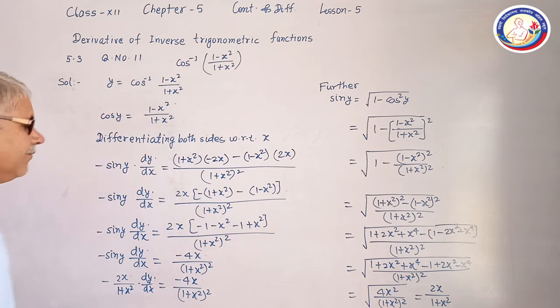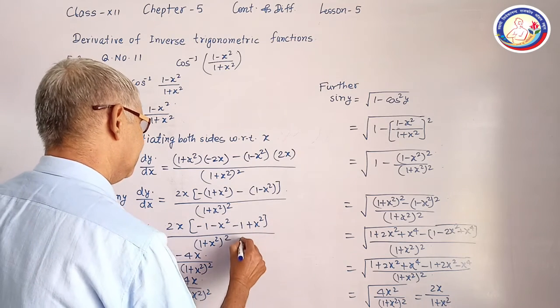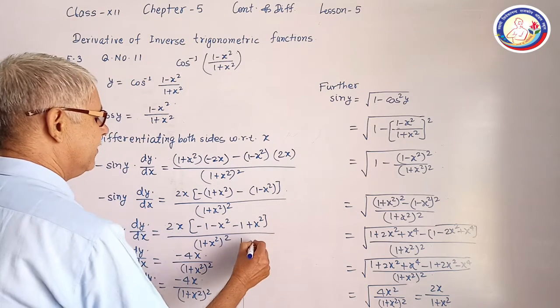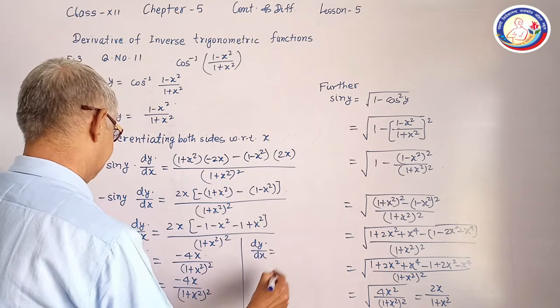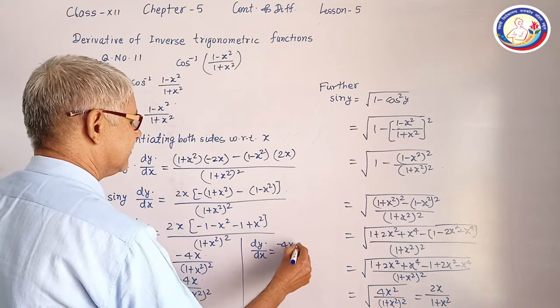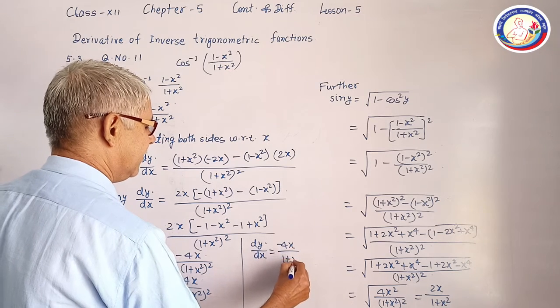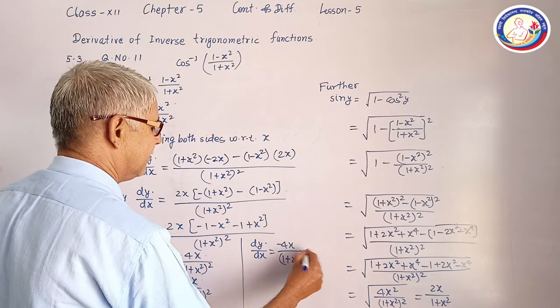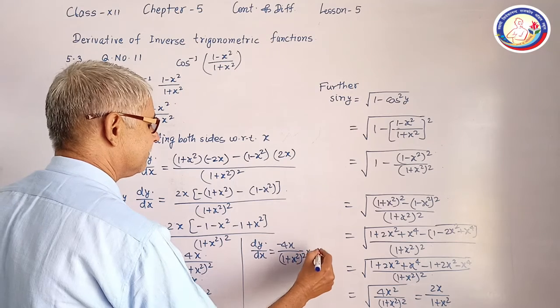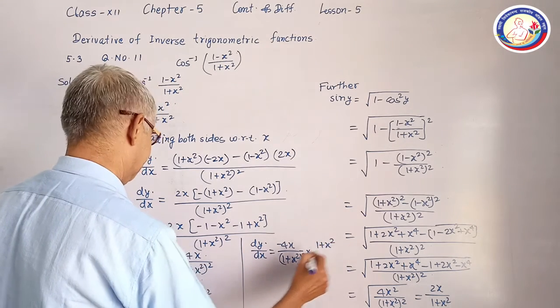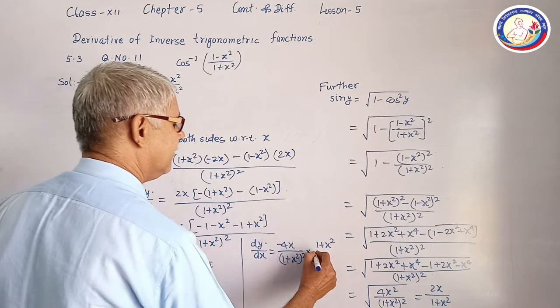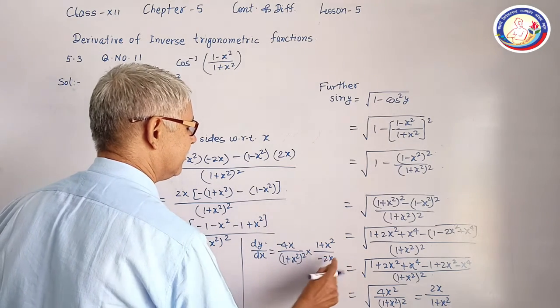So on simplification we will get the value of dy by dx, or that is derivative, minus 4x upon 1 plus x square whole square into 1 plus x square divided by minus 2x.